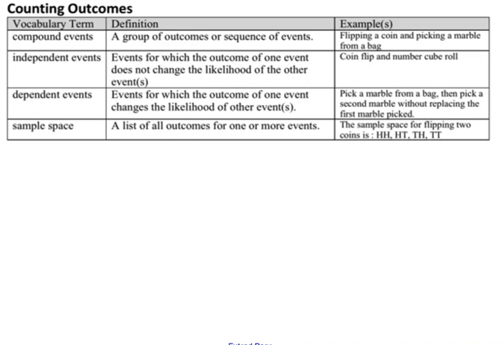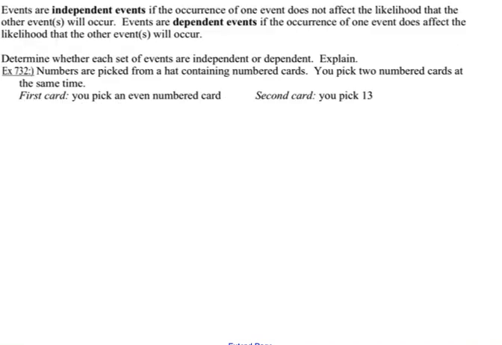This would be dependent because what is available for the second pick depends very much on what the first marble picked was. And then sample space is a list of all possible outcomes for one or more events. As an example, the sample space for flipping two coins is heads, heads, heads, tails, tails, heads, and tails, tails.